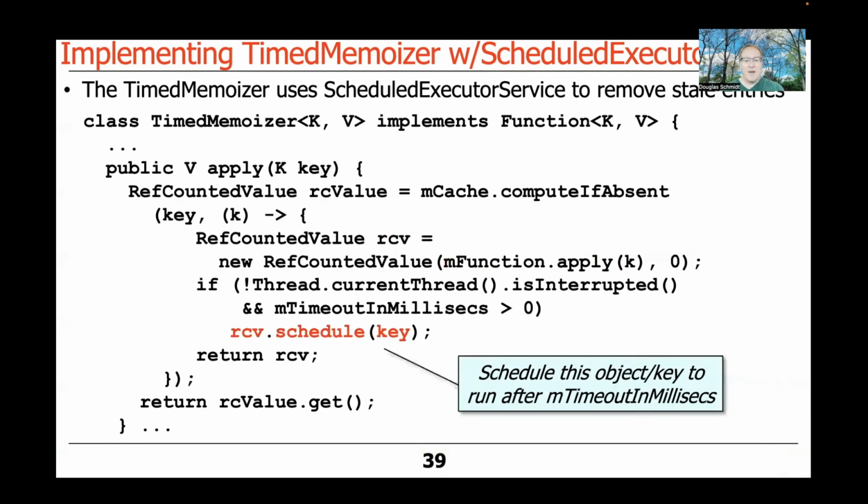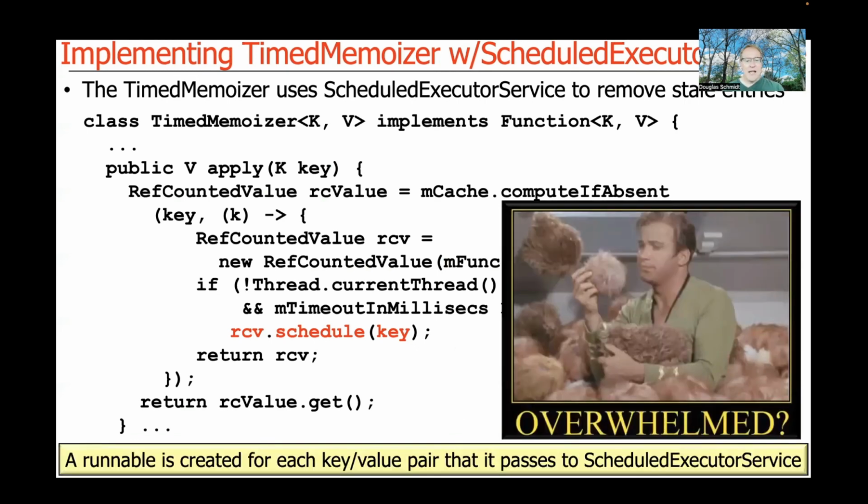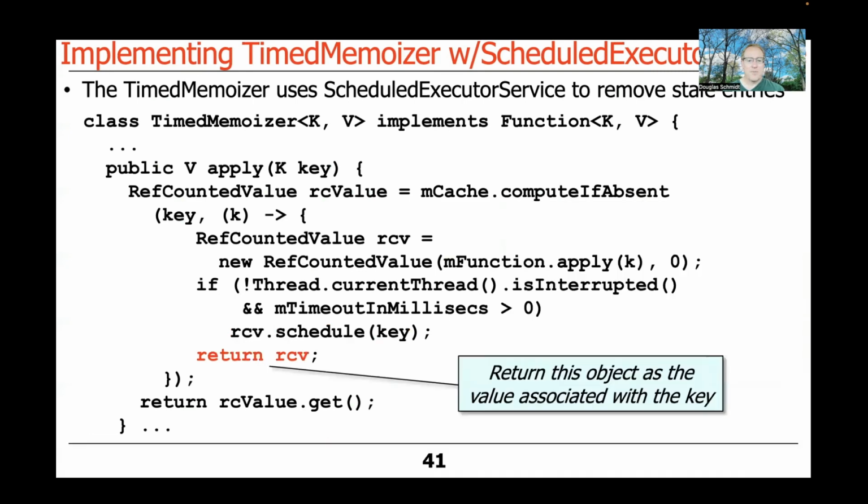And then what happens here is we're going to schedule this object by calling the schedule method on the ref counted value. And that's going to set things up with that remove if stale runnable we looked at a little while ago to run in the future. The thing to note about this particular implementation, which we will fix later, is that a runnable is created for each key value pair that is passed to the scheduled executor service.